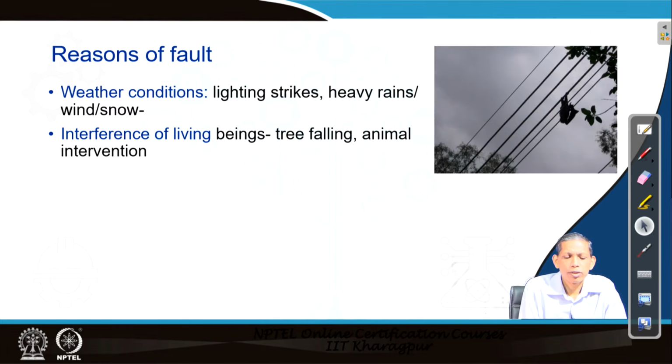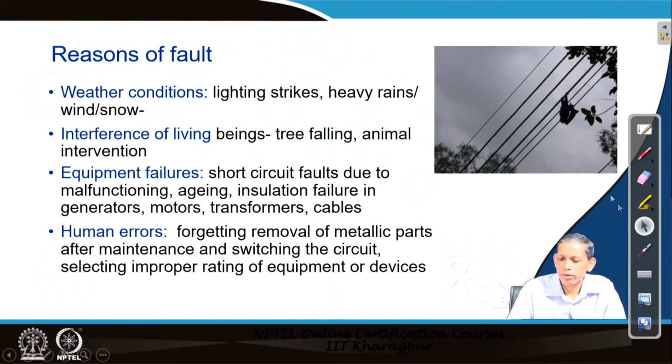Another category is living beings interfering with the power supply system, a tree falling, or a bird touching the phase conductors, and momentarily that becomes a short circuit, and then the system does not have a longer period of intervention there.